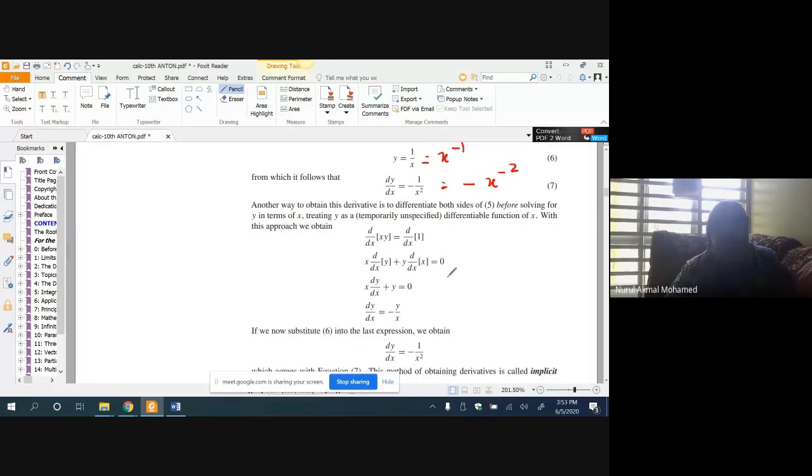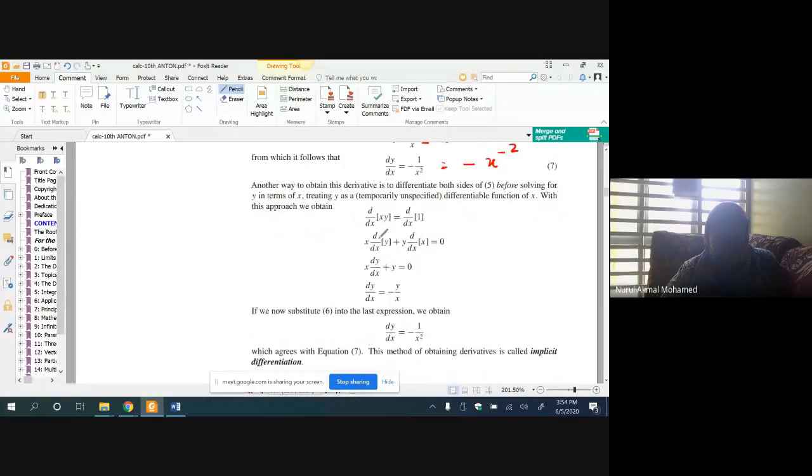So let's say you don't want to use that way. You want to use the implicit method. The implicit method is you have to differentiate both sides of the equation. So you put d/dx of xy, and for the right hand side you also put d/dx of 1.